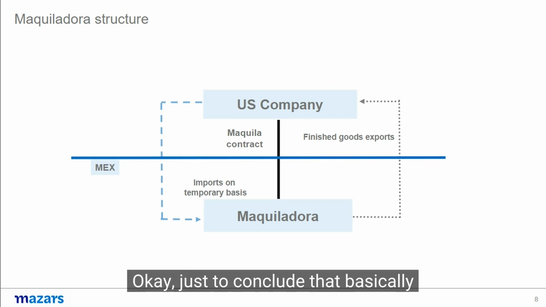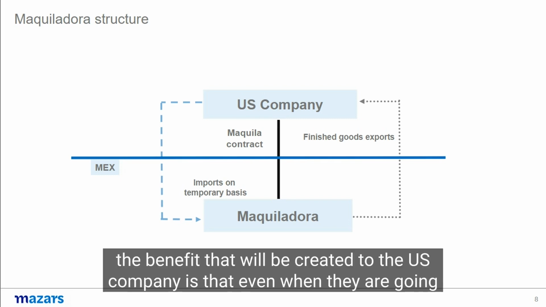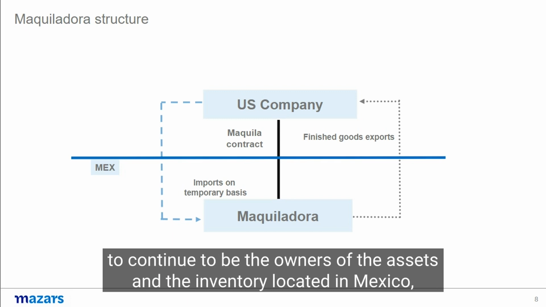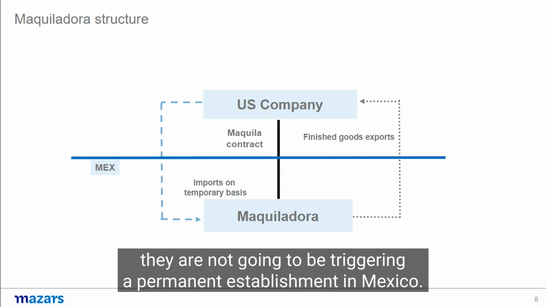Okay. Just to conclude the idea, basically the benefit that will be created to the U.S. company is that even when they are going to continue to be the owners of the assets and the inventory located in Mexico, they are not going to be triggering a permanent establishment in Mexico.